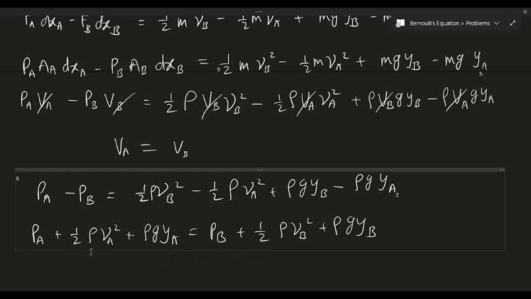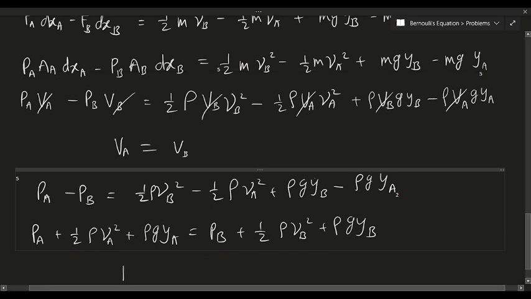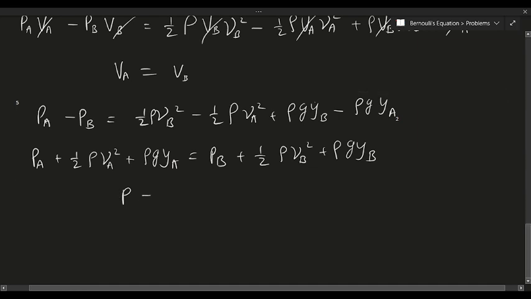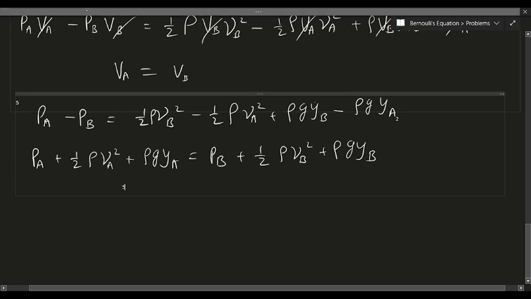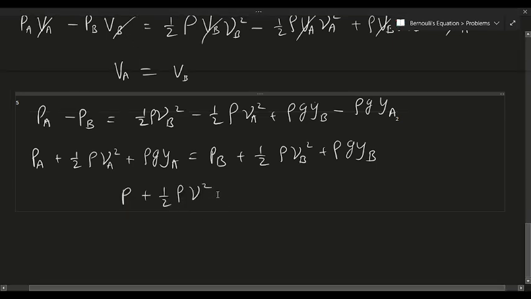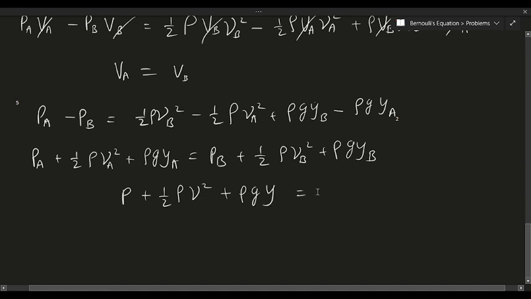That is, the sum of the quantities: the pressure P at a particular cross section of the pipe, plus half the density multiplied by flow speed square, plus rho g y, is equal to a constant.